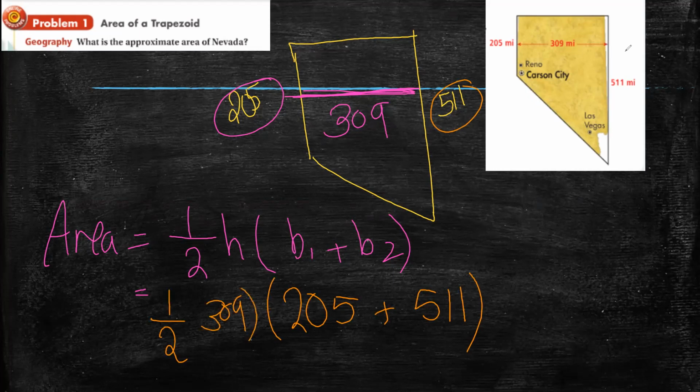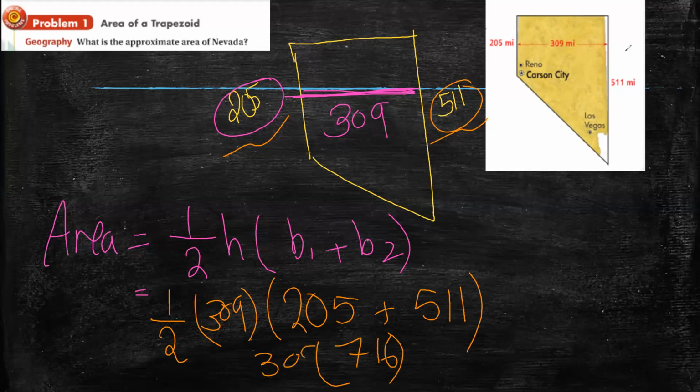There's base 1, this is base 2, and the height, which is 309, times half. Then the first step, let's add 205 plus 511. The answer is 716. Then I multiply it by 309. Then I divide it by 2. So this number times 309 divided by 2.